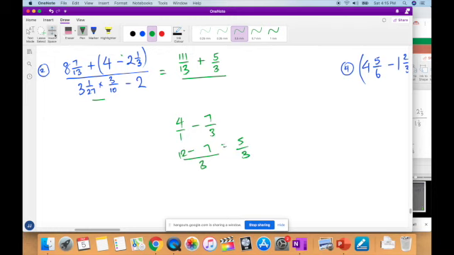Is that what you guys did? Yeah. Alright, good. But you see, I didn't do that. I used reason. I just said, well, 4 minus 2 is 2, and then if I minus another third, I would have 1 and 2/3 left, which is 5 over 3.